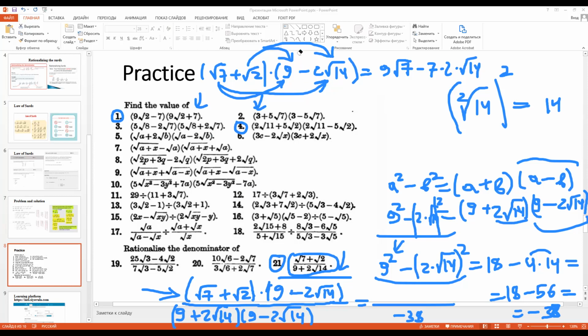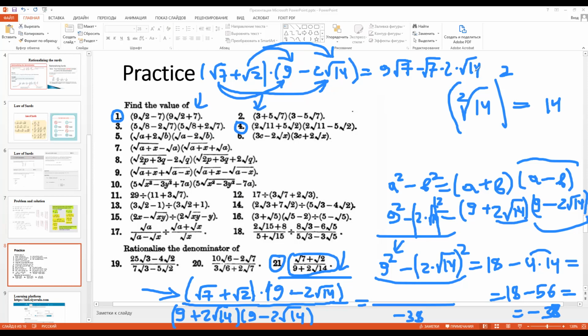Where is the square root? When, like in 7. Yeah, no, I dropped it, so I forgot to put the square root here.